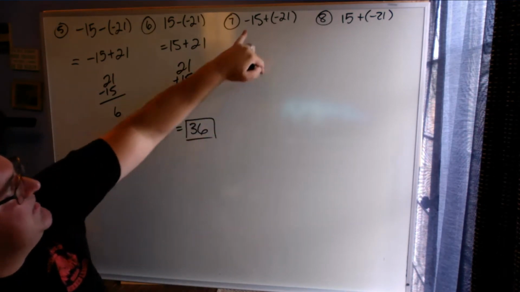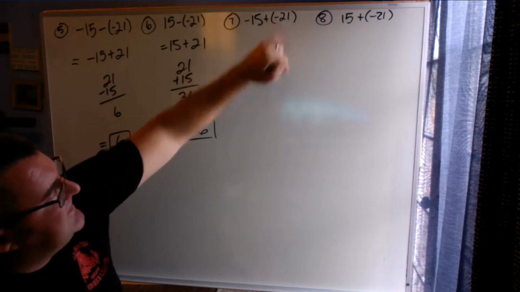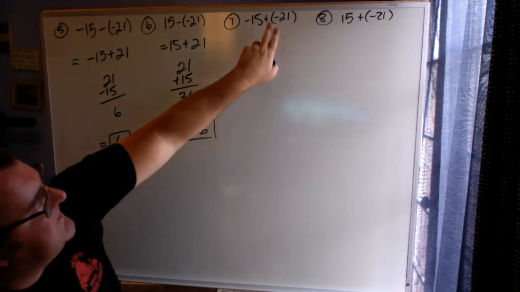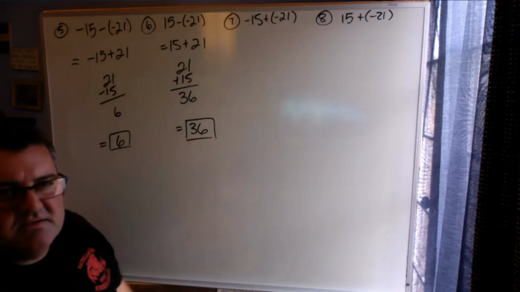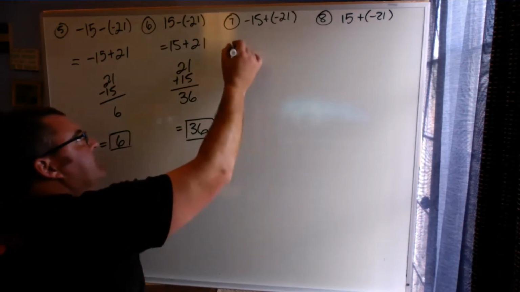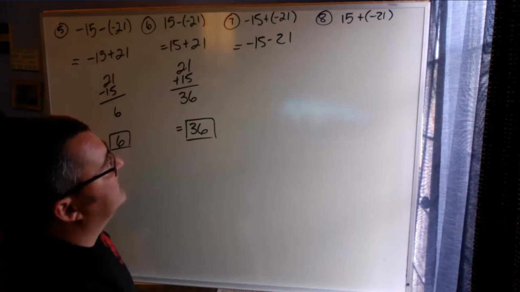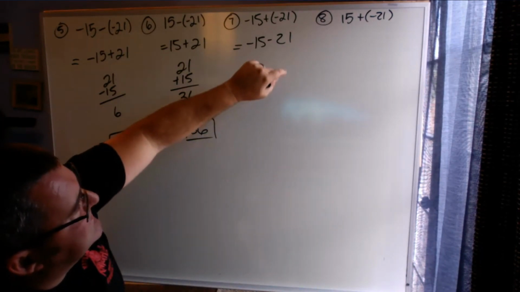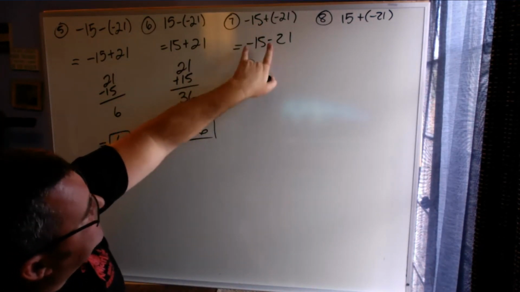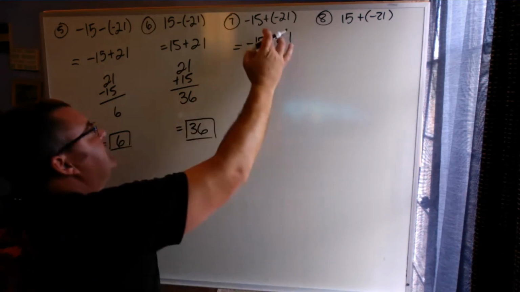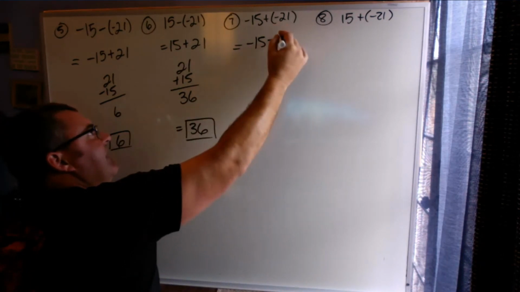Okay, number 7, negative 15 plus a negative 21. This time the repeating signs alternate. So we're going to turn that into subtraction. Okay, so it was kind of disguised, but really, sorry, that's a lazy 2. I'll try not to do that.